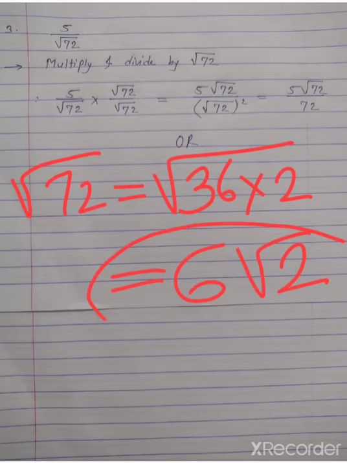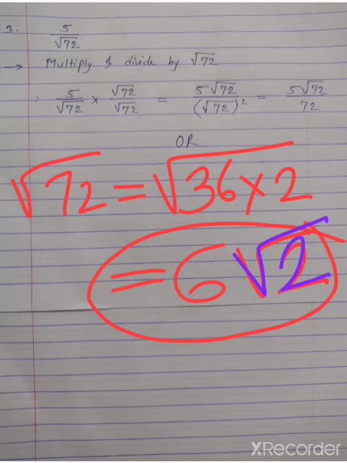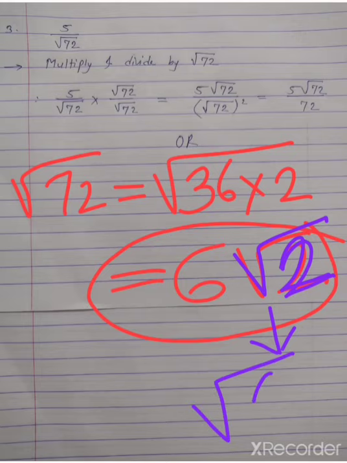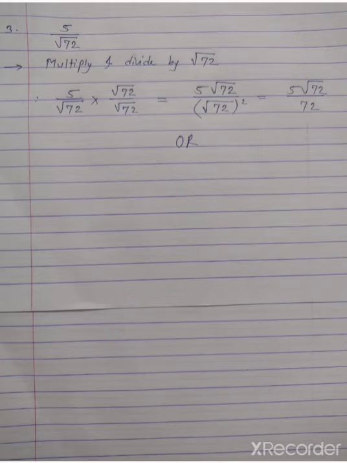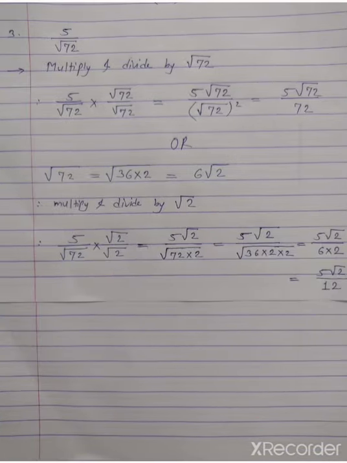First simplify it. For further simplification, to convert this irrational number into a rational number, we have to select this root 2 to rationalize it. So here I am selecting this root 2.